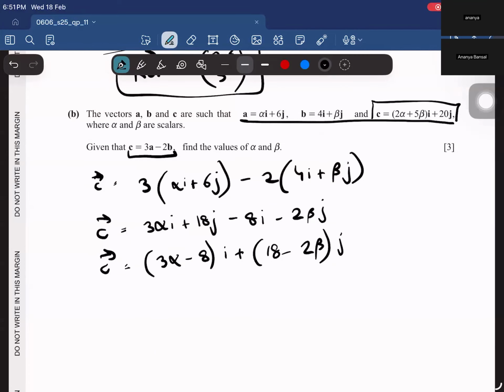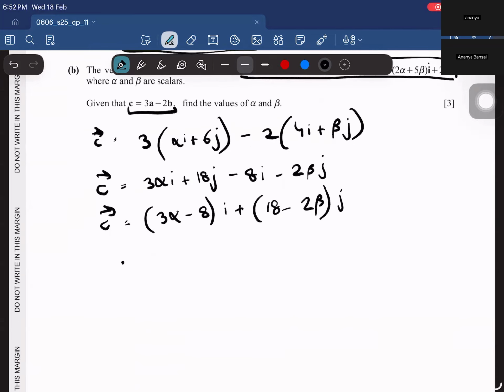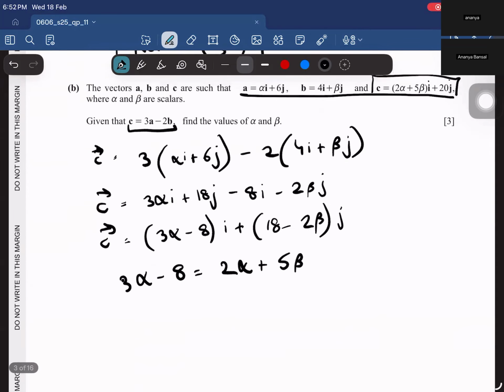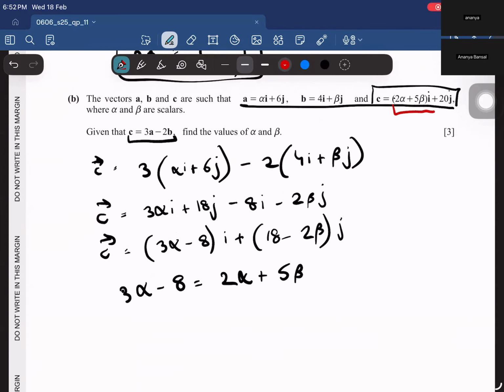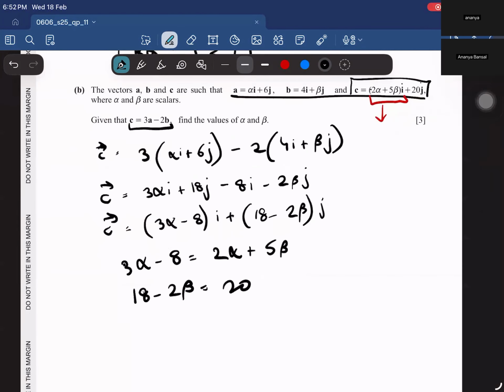So how to go about these types of questions is that you compare the coefficients of i and j. So I know that 3 alpha minus 8 equals 2 alpha plus 5 beta, as seen in this part of our equation. And 18 minus 2 beta equals 20, as seen in the second half of the given equation.